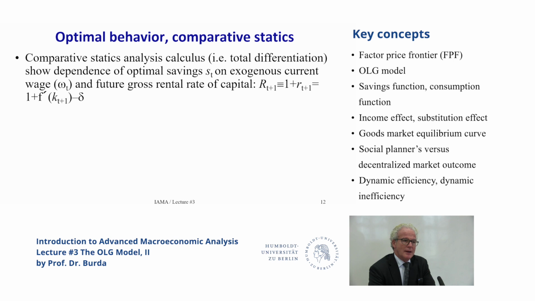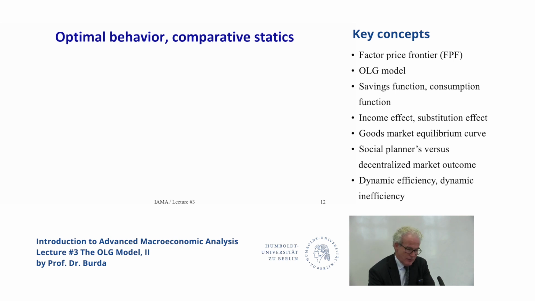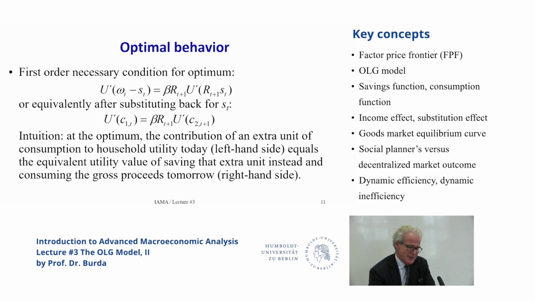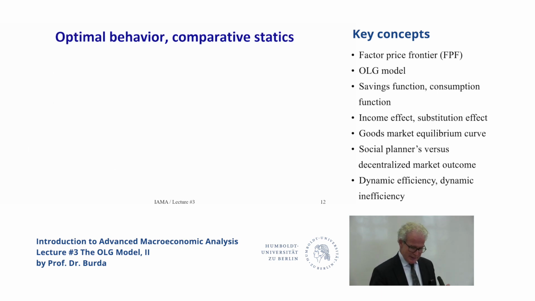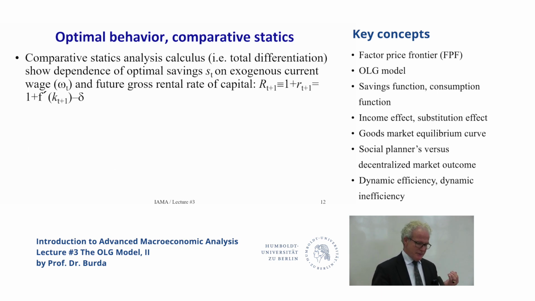So how do I figure out the way this curve looks? I've got a savings function here that's implicitly defined. The first equation defines an implicit function. Okay, it relates, like we said already, savings to the rate of return and to the wage, and to the shape of my utility function, of course, but this function is implicitly defined, and we use calculus to figure out what it looks like.